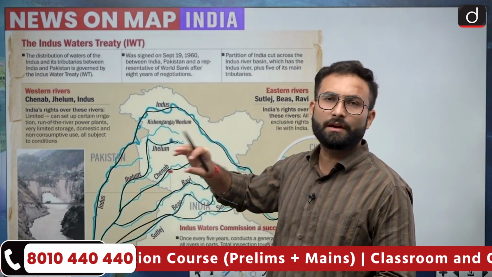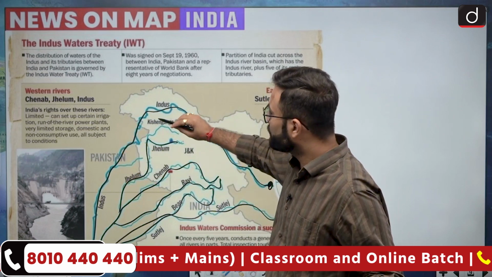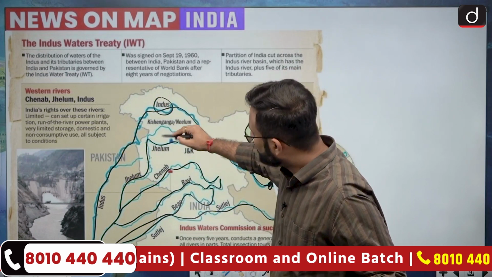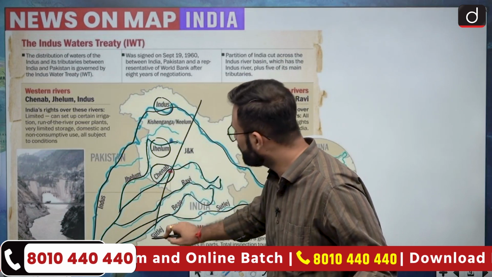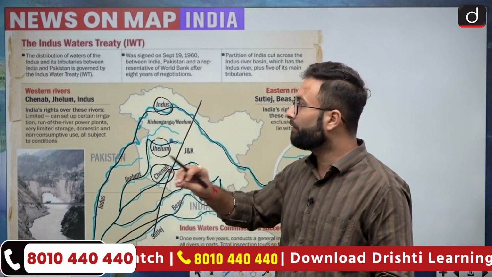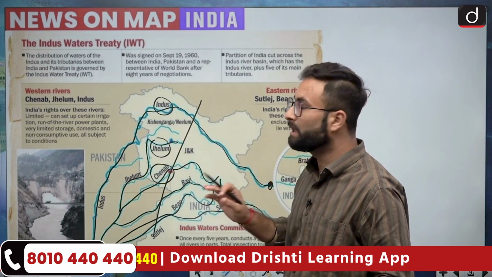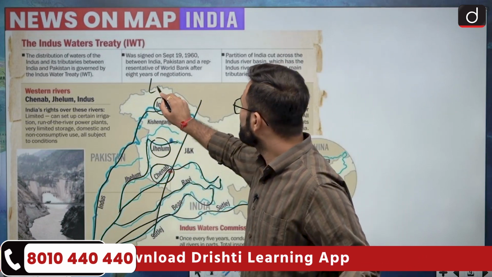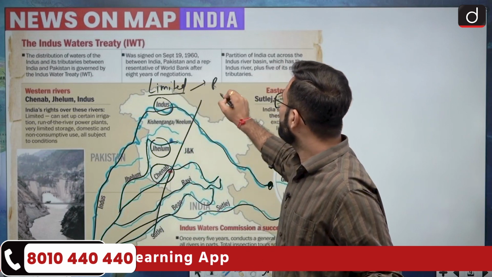After this treaty, they decided on the western flowing rivers: one is your Indus, second is Chenab and Jhelum. So these three rivers are your western rivers. In these rivers India has limited rights, and the kind of rights we have are run of the river rights.